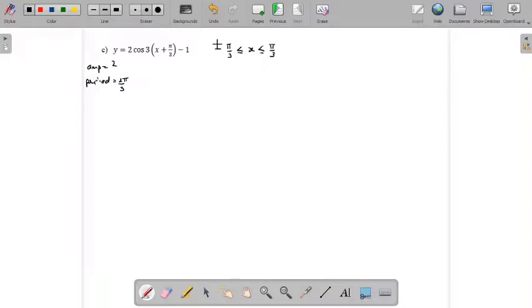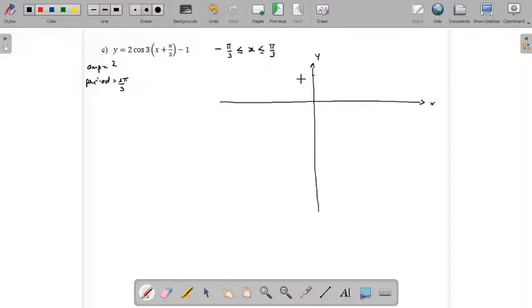Because we're going from negative pi on 3 to pi on 3, we're going to draw our line a bit differently, and because it's translated down 1 unit, I'll put my x-axis up a little higher. So we're going up, it's going to reach a maximum here at 1 now.